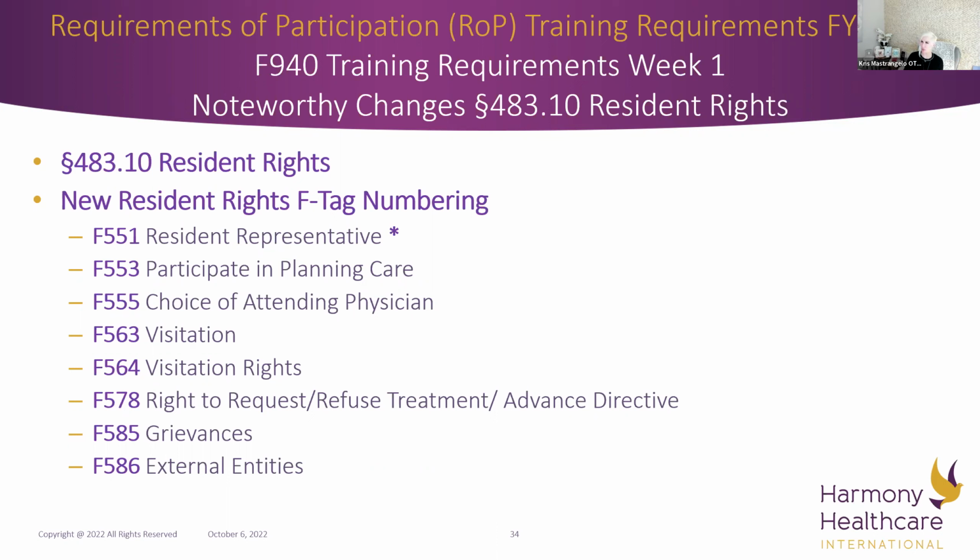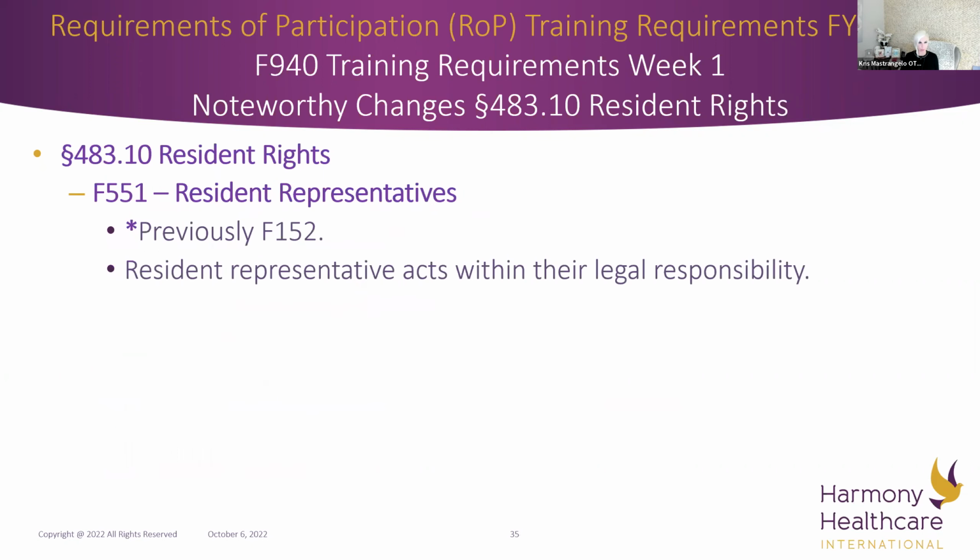The patient has a right to refuse treatment. They have a right to request treatment. They have their advanced directives. Grievances will be a big one, and the reporting of the grievances as well. And external entities, what does that mean? That the resident has access to speak to ombudsmen, state, feds, that they have access to entities beyond your organization to communicate with.